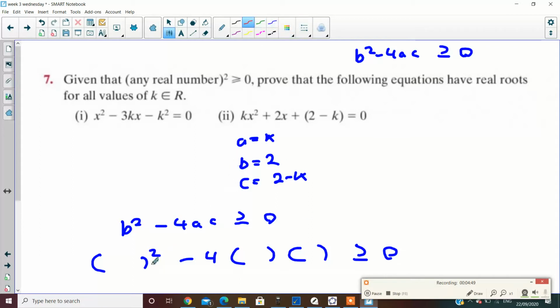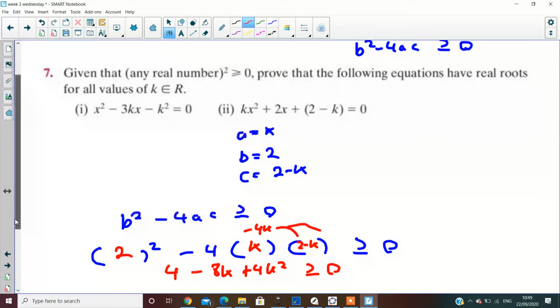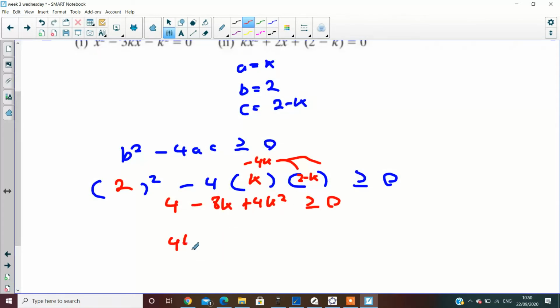Now, 2, what's it? 2k, 2 minus k. 4 take away, that's minus 4k times that is going to be minus 8k plus 4k squared, going to 0. Rearrange that so it's 4k squared minus 8k plus 4.